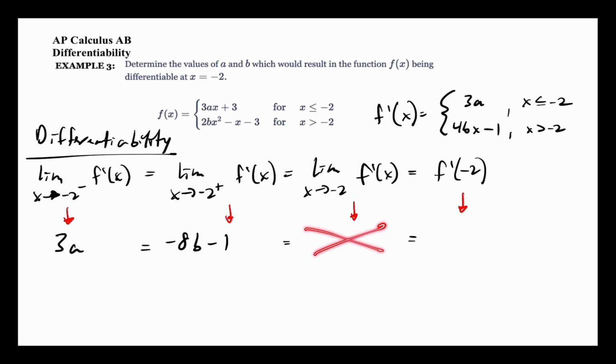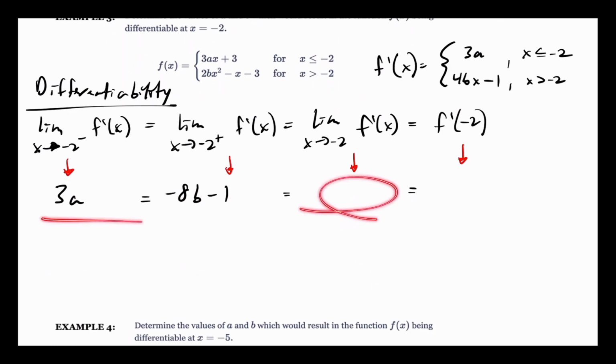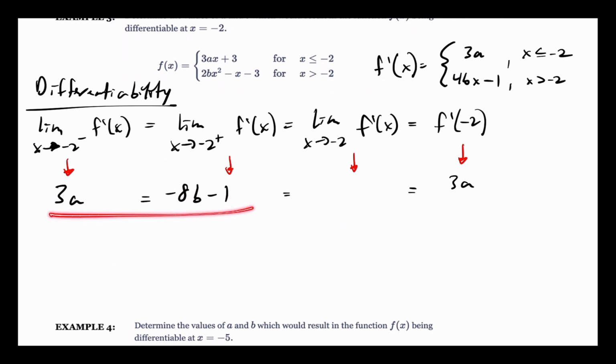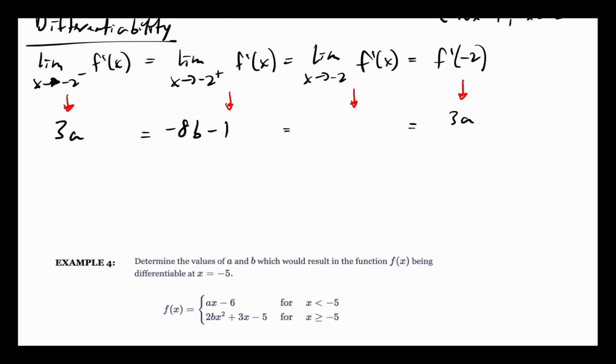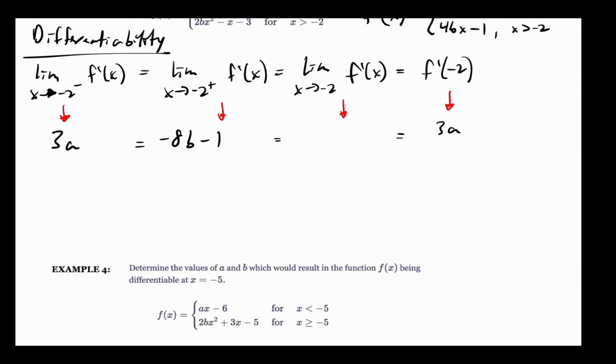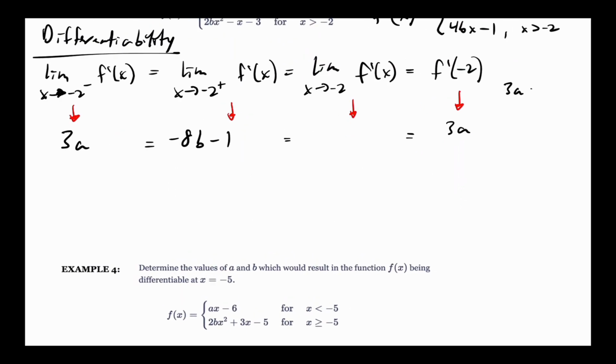Okay, so I'm going to leave this one blank for right now because this is essentially just this. And then if I plug in -2 for f prime, I'm going to get 3a again. I already have 3a. So essentially I have, write this down over here, 3a equals -8b minus 1.